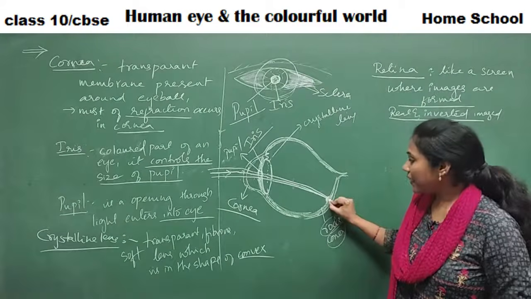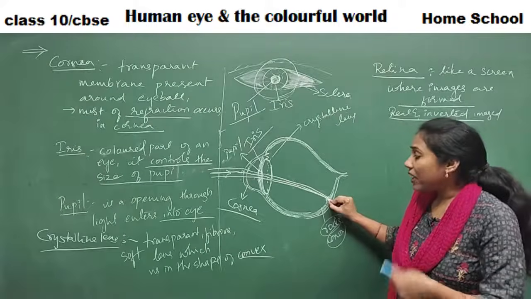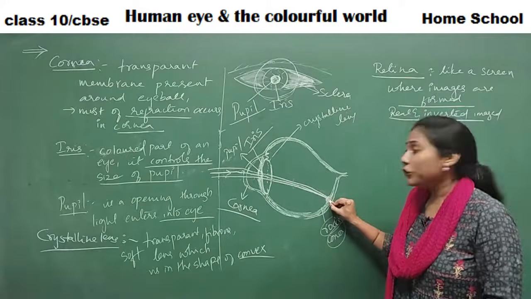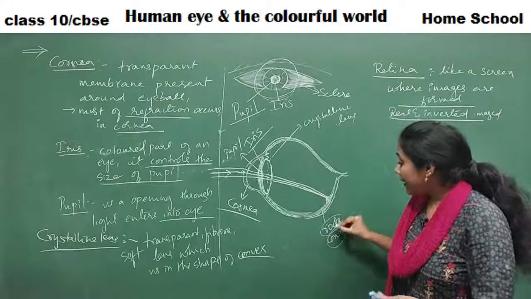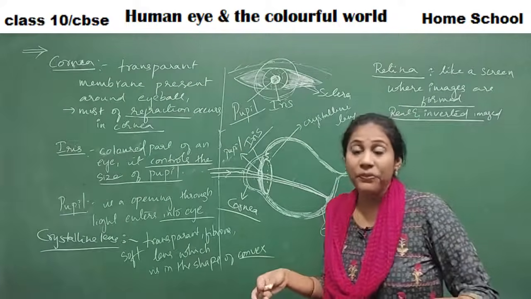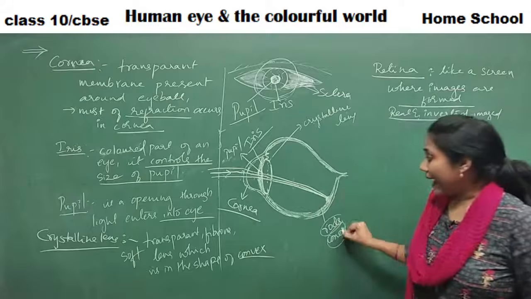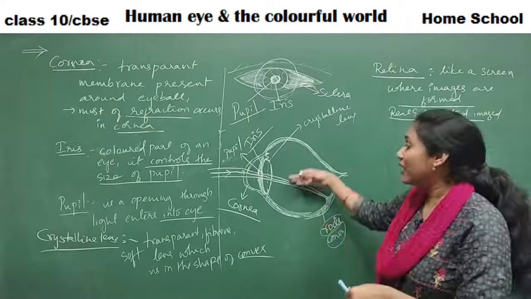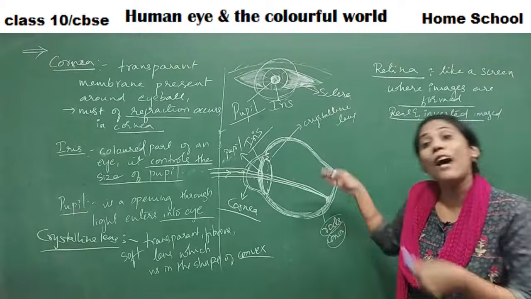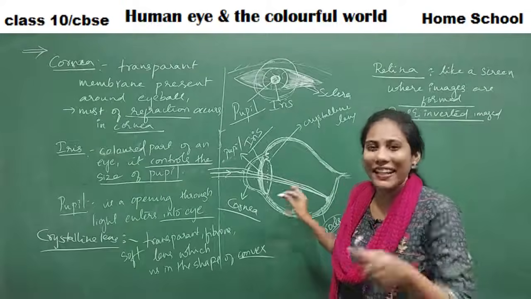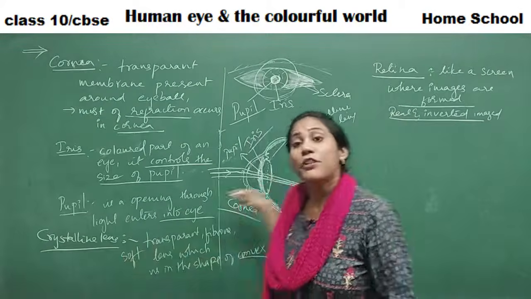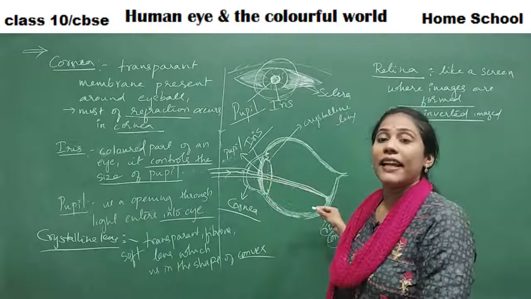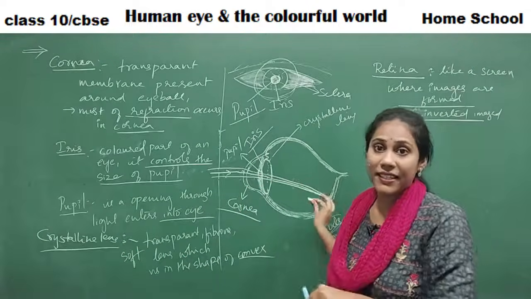Image is formed in the retina. The moment it touches the retina, you have certain light sensitive cells, and they are nothing but rods and cones. And these will detect what colored light is coming and how much light is coming. Our white light is made up of so many colors, no? Right? So it will detect what colored light is coming and how much light is coming.